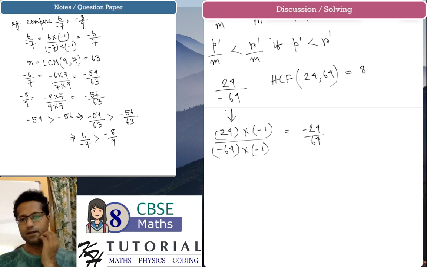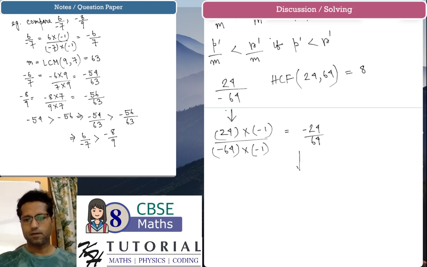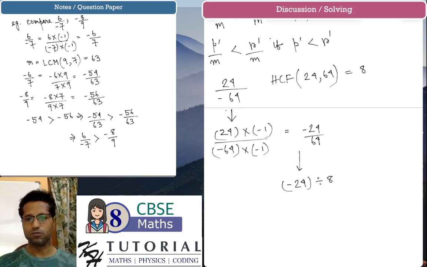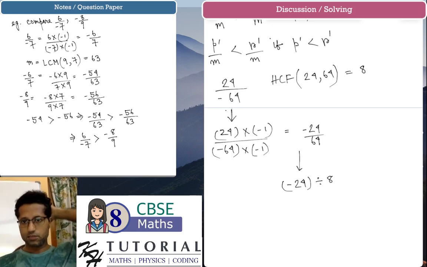Now I will divide both the numerator and the denominator by the HCF of the numerator and the denominator, and I hope the HCF of 24 and 64 is 8. I could be wrong. Let's assume that the HCF of 24 and 64 is 8.